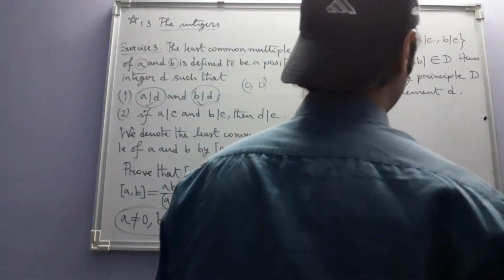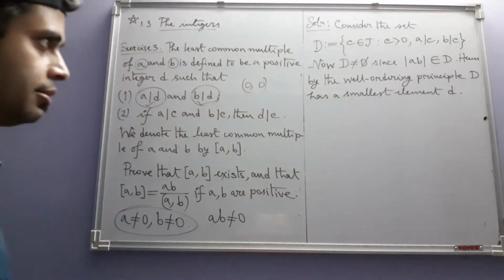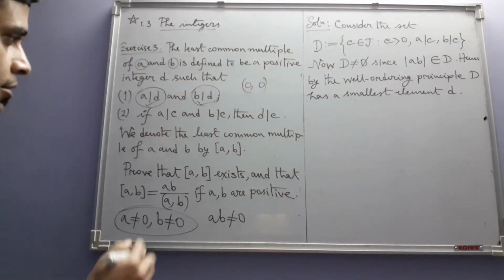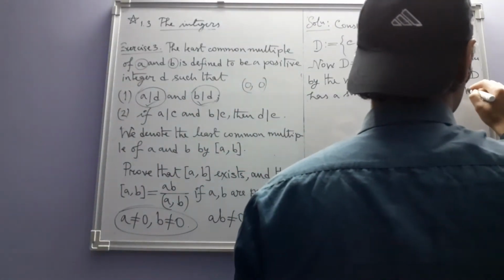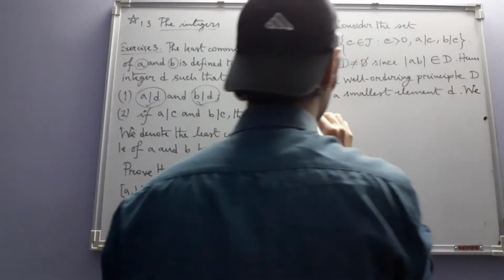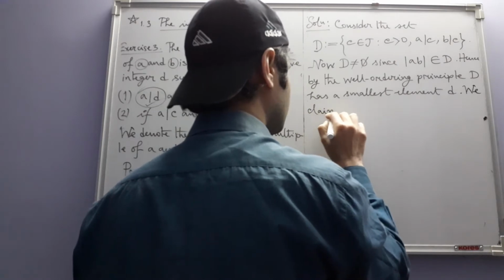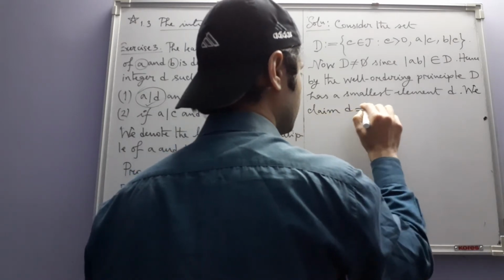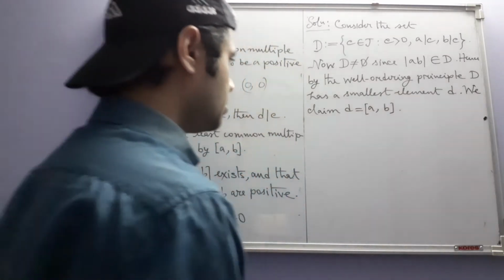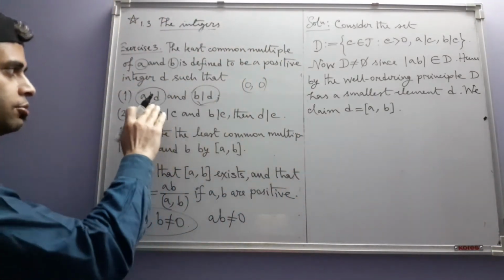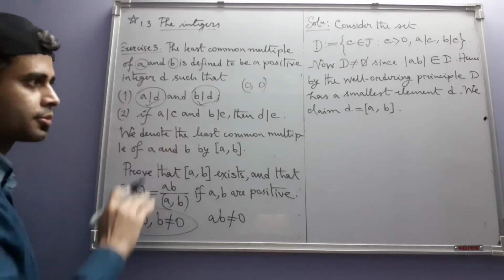Okay. Now our claim is that d itself is the LCM of A and B. We claim, to show this, we need to show these two things. Okay.